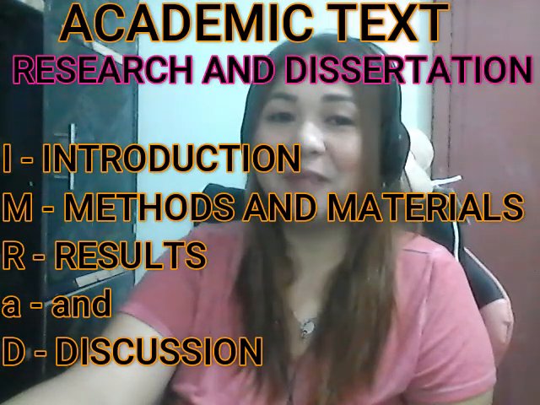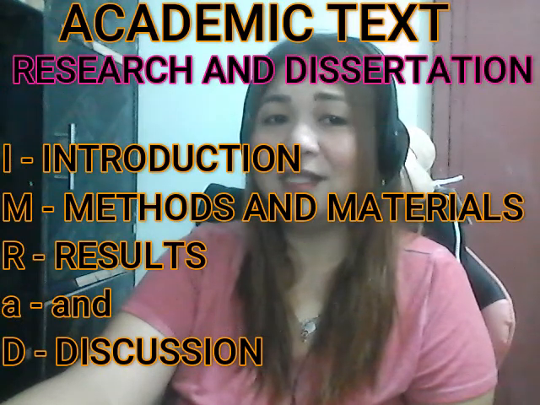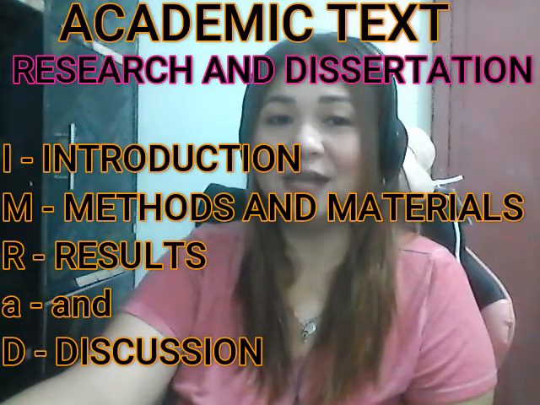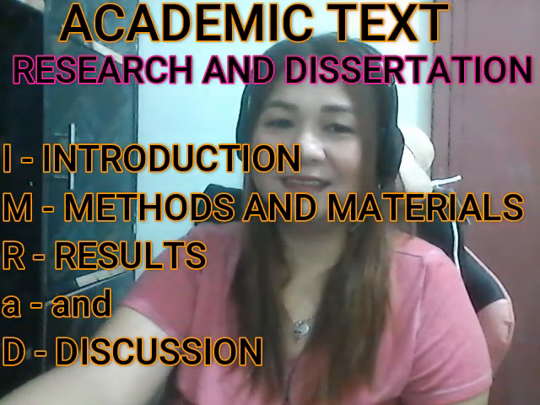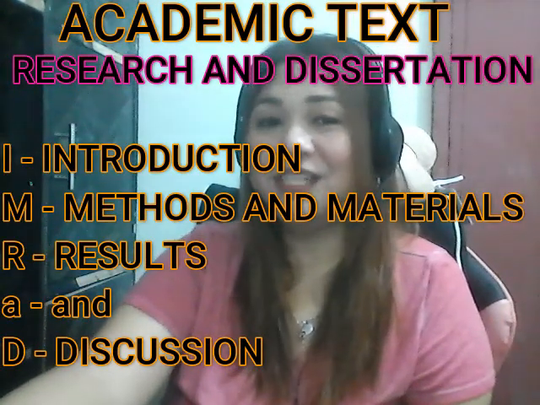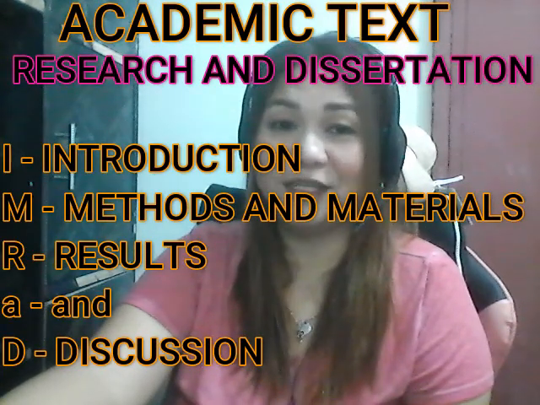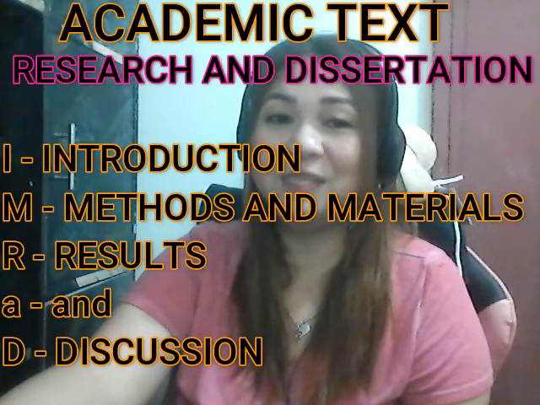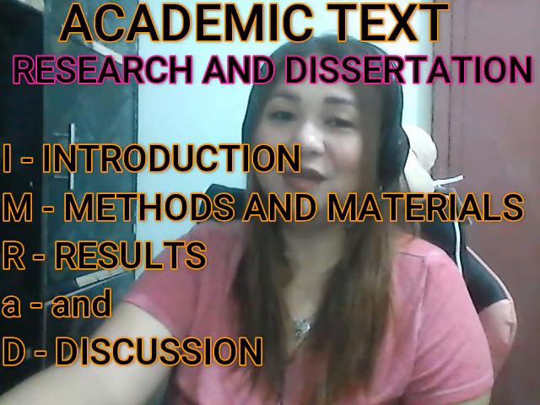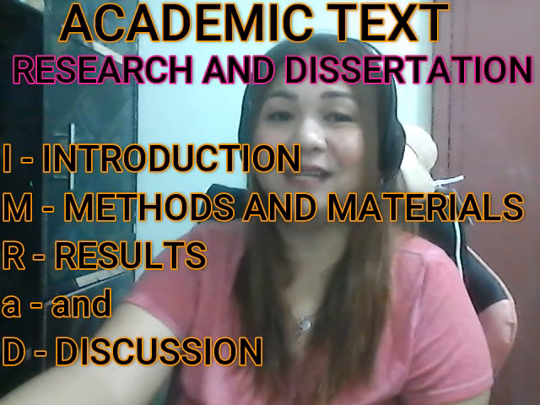A research paper may have other parts, which I know you already discussed in your practical research subject, but this IMRAD is the basic structure. I is for Introduction. This shows how knowledgeable you are about your field of study. This contains the summary of your subject, and always consider that everything you write in this part must be related to your research questions.